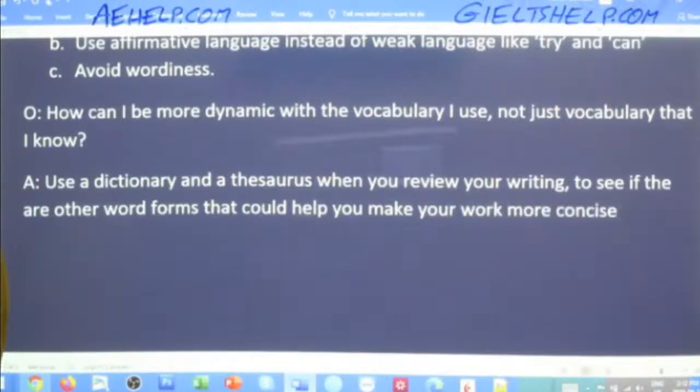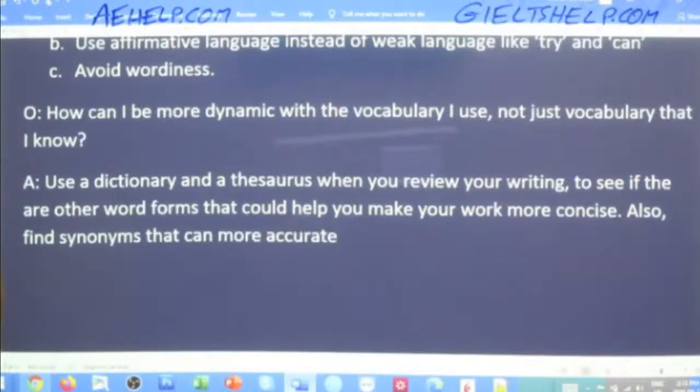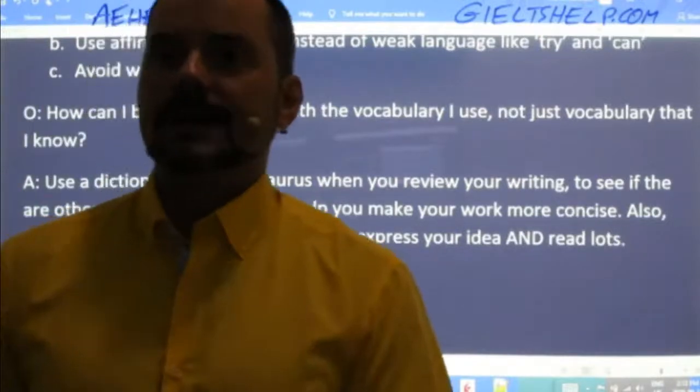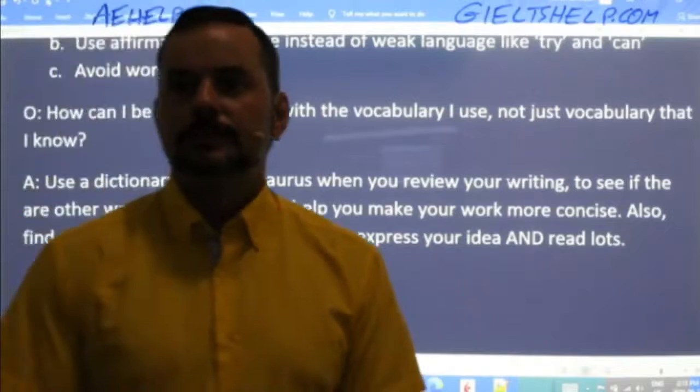Also, find synonyms that can more accurately express your ideas. And of course, one other one, Ois, is read lots. Reading really helps to expand vocabulary. That's what you should do.